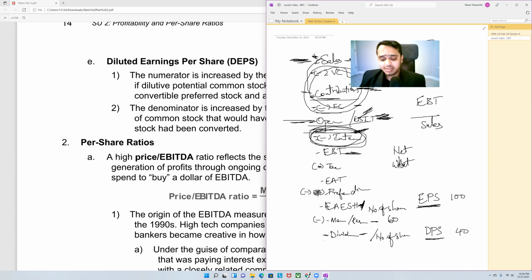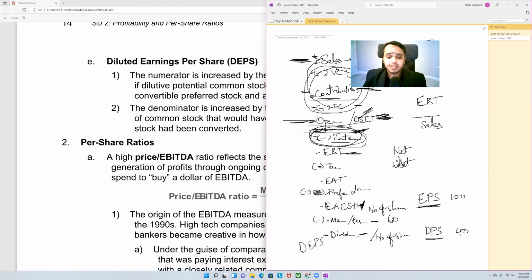Now, what is this diluted earnings per share? You would be having this question. The simple answer is that sometimes some equity shares or some loan notes or debentures are convertible into equity. What do you pay towards loan notes or debentures?